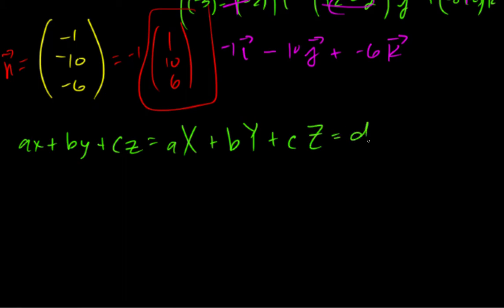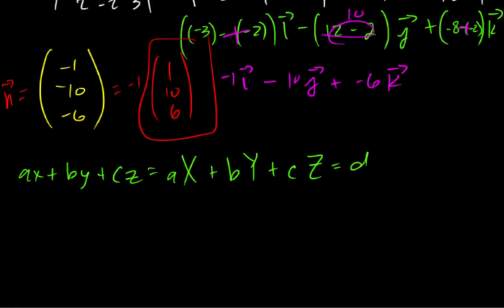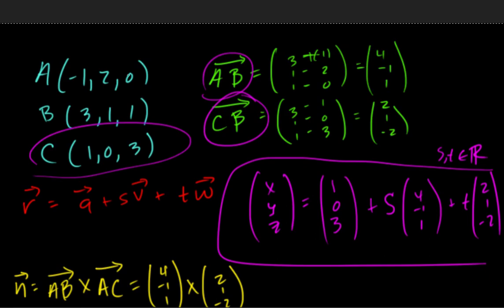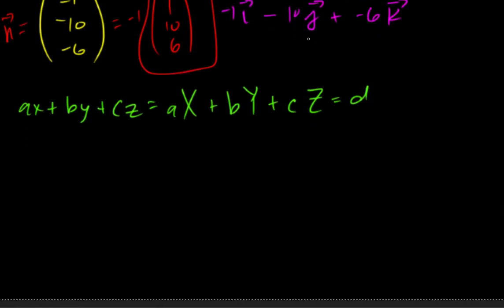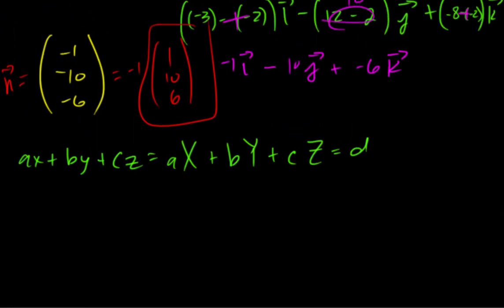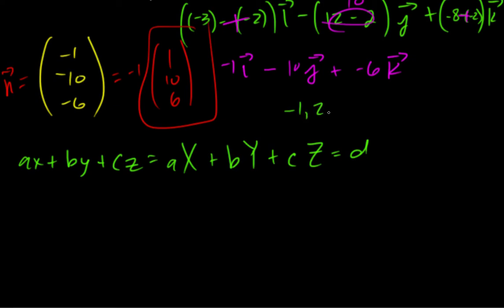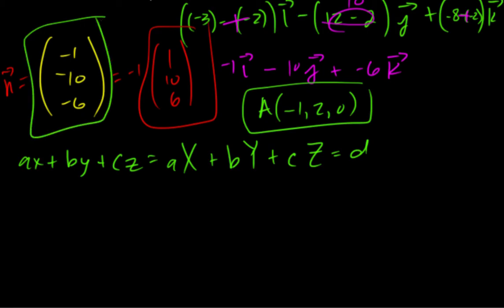All right, so we're going to use just a point that we haven't used yet, so let's use A. So negative 1, 2, 0. Okay, just rewriting that and using that. So this is our A, B, C. This is our big X, big Y, big Z.